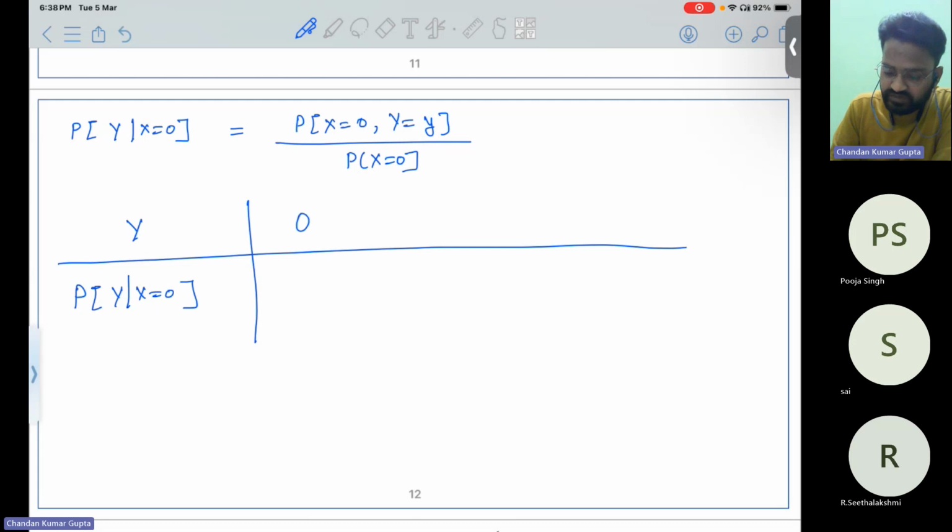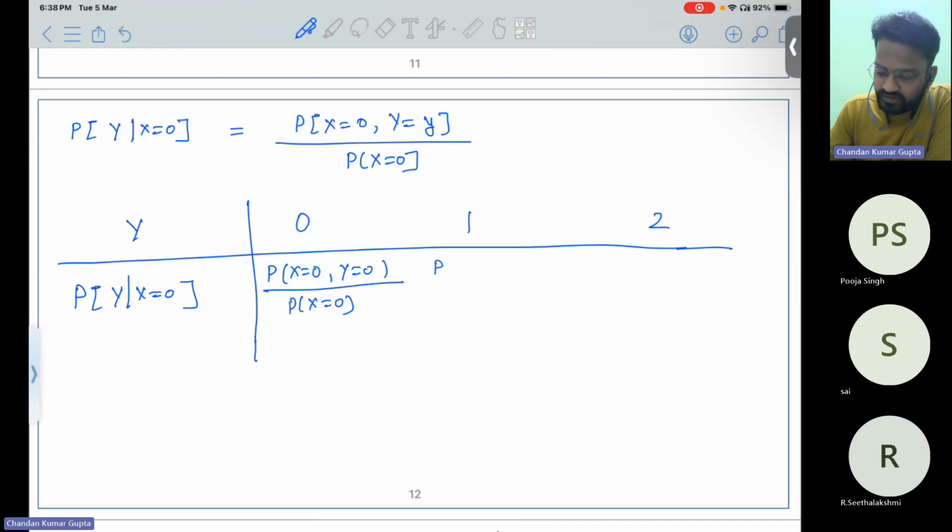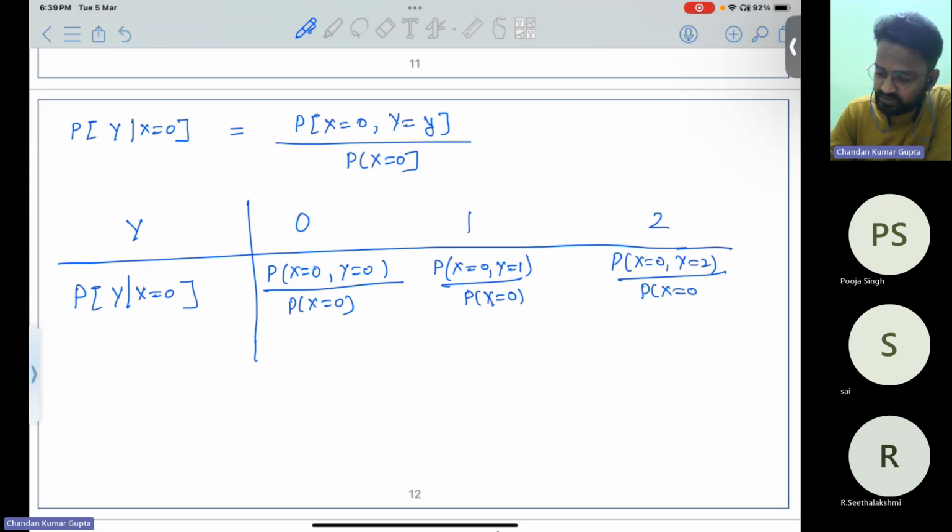Okay. So y has 3 values: 0, 1 and 2. And this is probability that x equal to 0, y equal to 0 divided by probability that x equal to 0. In a similar manner, we can write probability that x is equal to 0, y equal to 1, and probability that x equal to 0, y equal to 2 divided by probability that x is equal to 0.